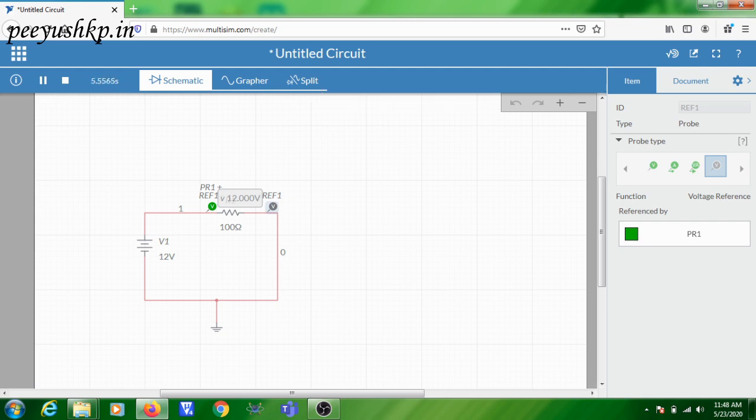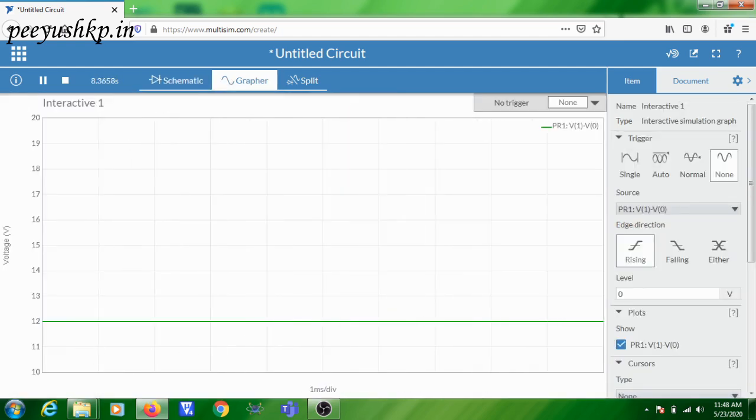Initially you will be in the schematic mode, which means you can directly see the voltage value here. If you click on the next icon, you will see only the graph, where this is the time axis and the voltage at the current time. Since it is a DC circuit, you will always get 12 volt.